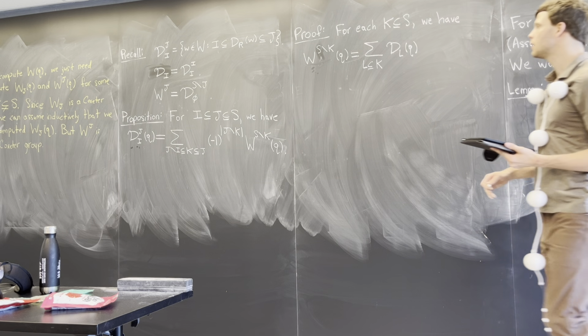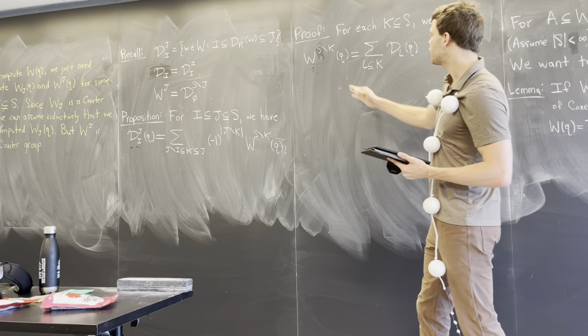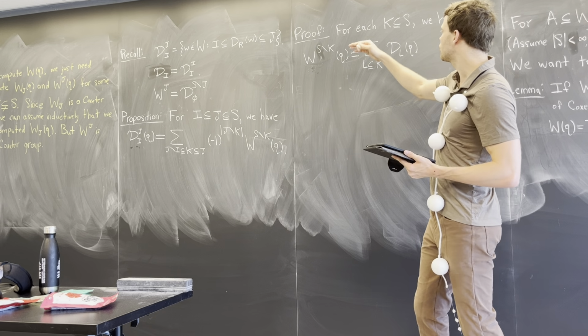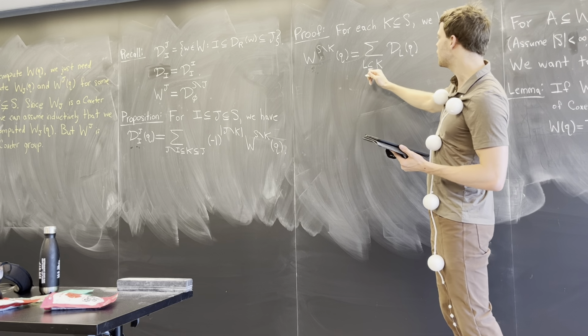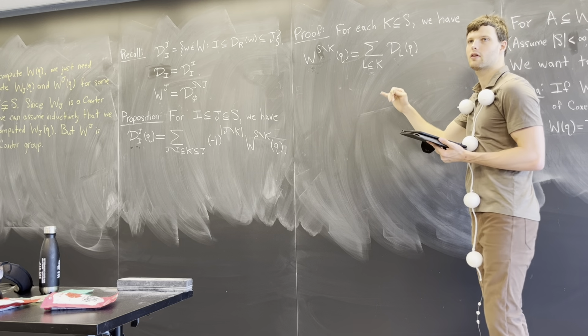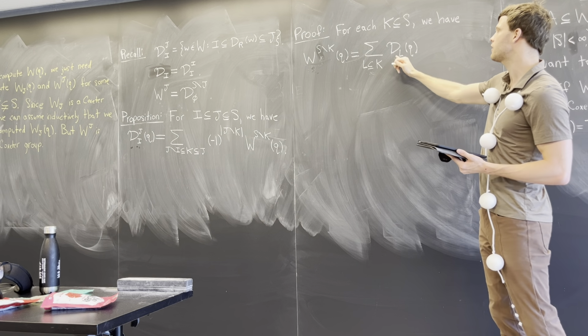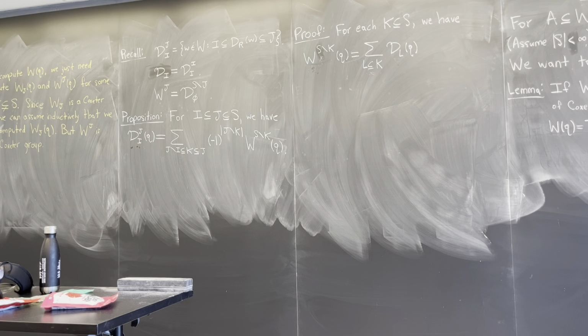Yeah. So here, this is summing over all things whose right descent set is contained in K. So I'm taking the sum over all subsets of K, and this is the sum over all the things whose right descent set is exactly that subset. Okay?